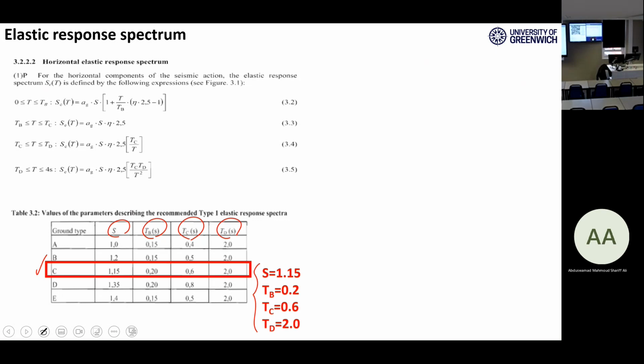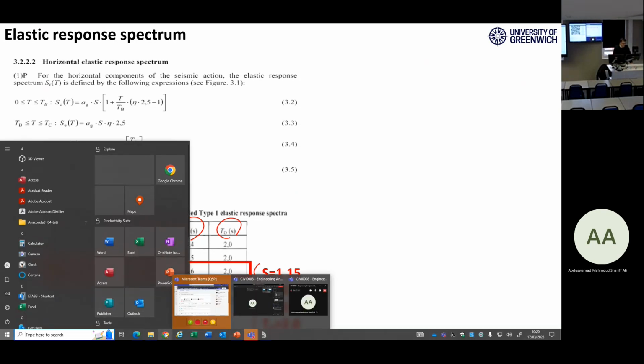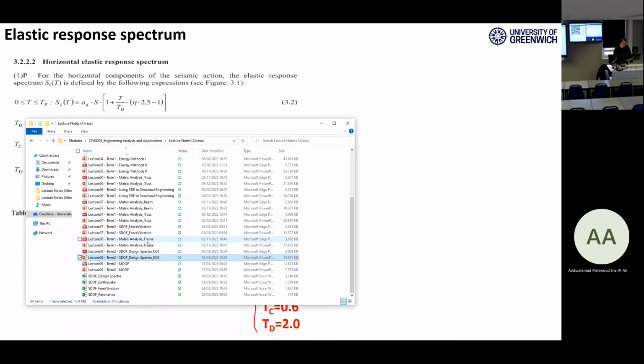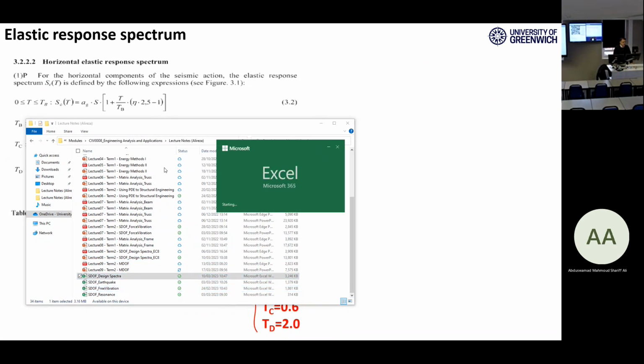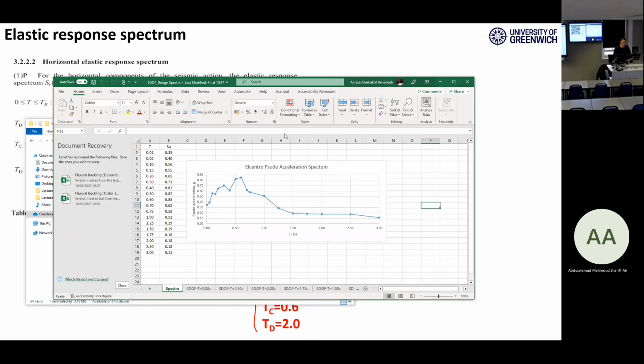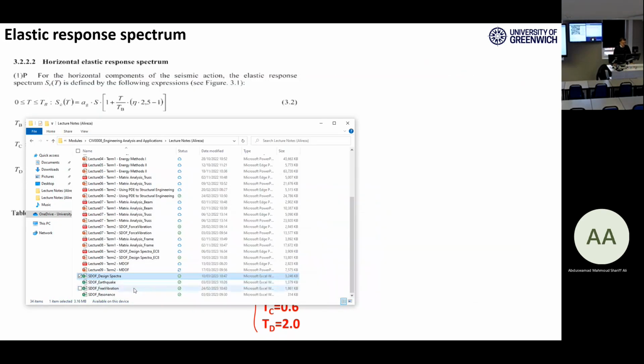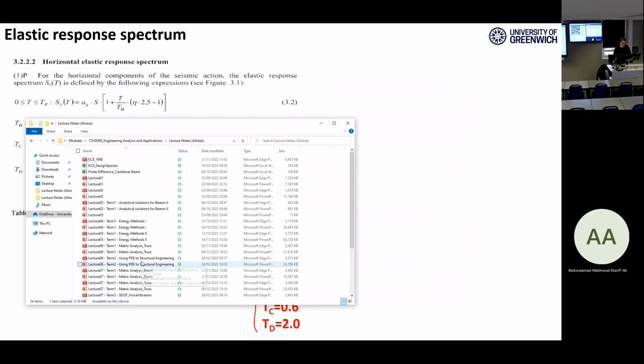If I have these parameters, I can put them into these formulas and simply come up with the spectral acceleration. I'll put all of these formulas into Excel.